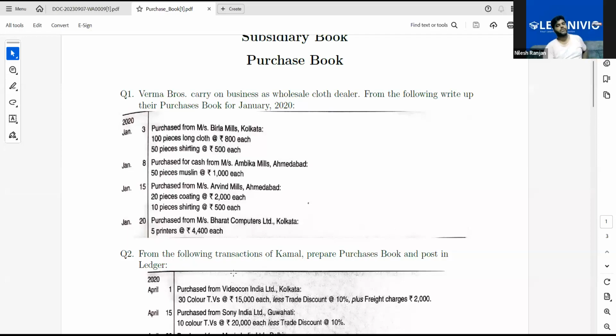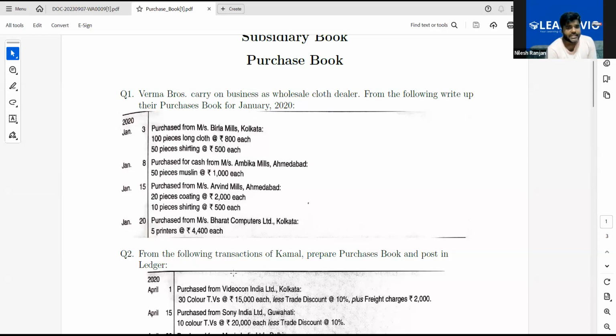The third item, purchased from Messrs. Bharat Computers Limited, Kolkata. 5 printers, 4,400 each. Now tell me, should we record it or not? We should.